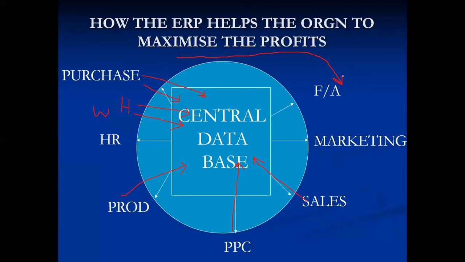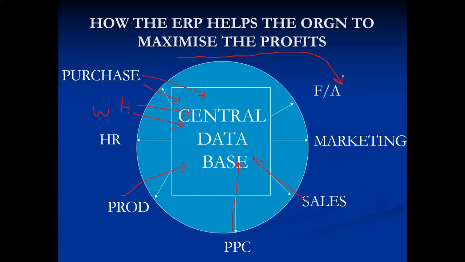That's how it is enough if you enter the purchase invoice only once. Then it will have the effect on all the relevant departments in the organization. That's how the duplication of work is eliminated. So we can use the available human resources in the most effective manner so that the profits are maximized.